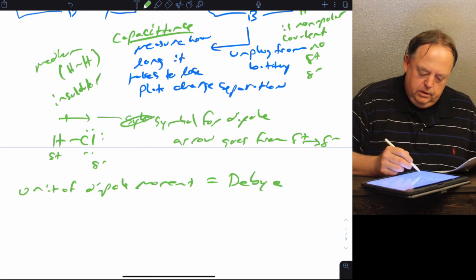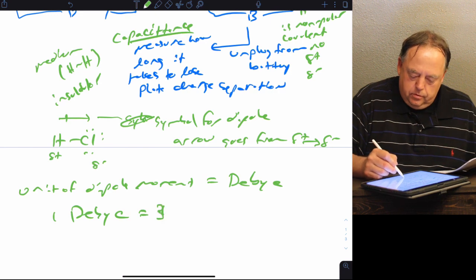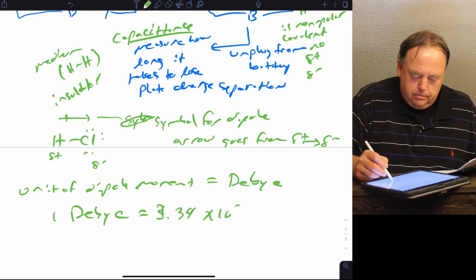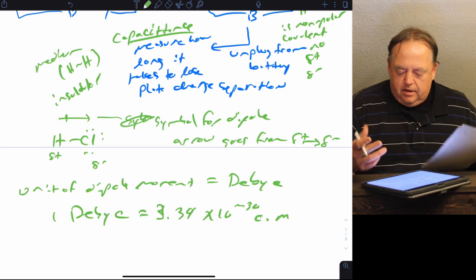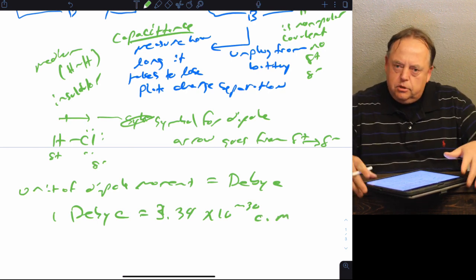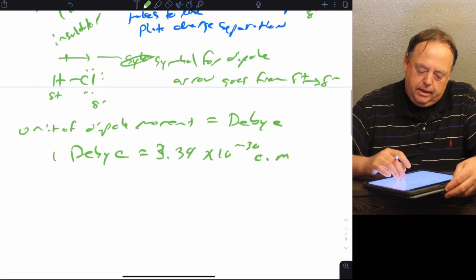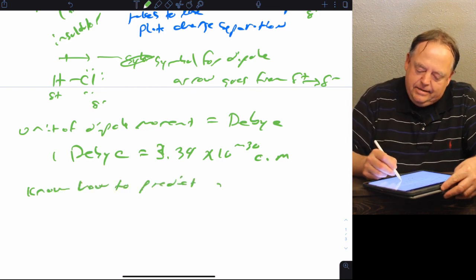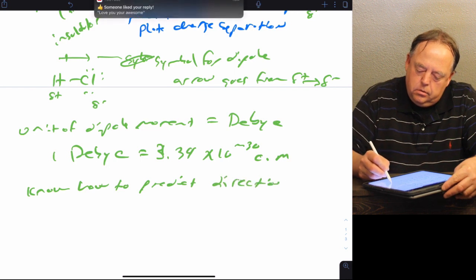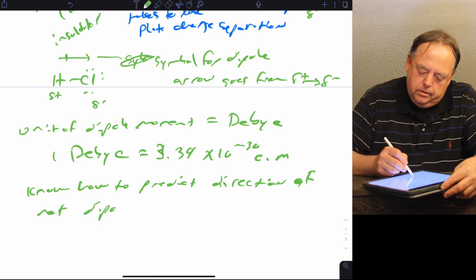So 1 debye is equal to 3.34 times 10 to the minus 30 coulomb-meters. But again, we're not going to do any calculations with the dipole moment. You basically just have to know what a dipole moment is, and you have to know how to predict the direction of the net dipole moment.